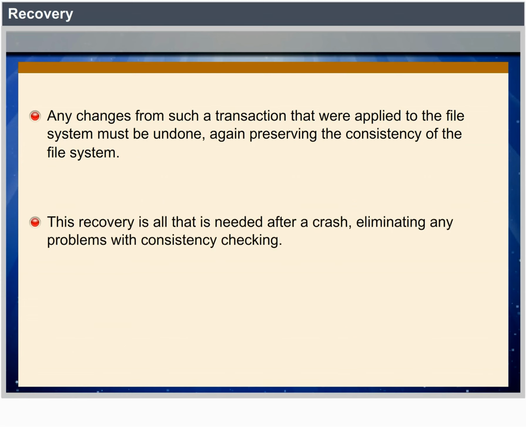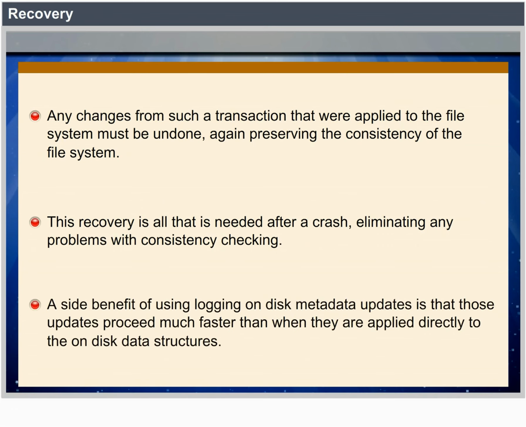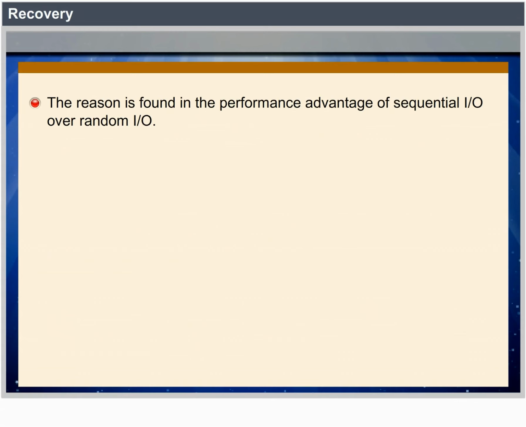A side benefit of using logging on disk metadata updates is that those updates proceed much faster than when they are applied directly to the on-disk data structures. The reason is found in the performance advantage of sequential input-output over random input-output.